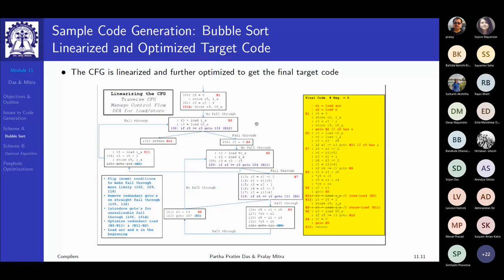So go to, then you have go to B2. Right? Here is a direct arrow, but note that this is not a fall through, because for linearization, I have allocated B2 much later.